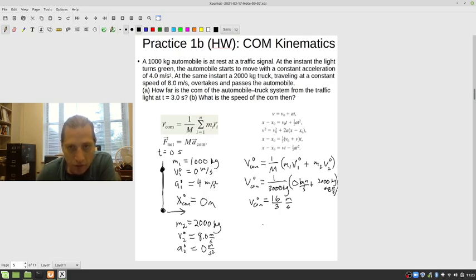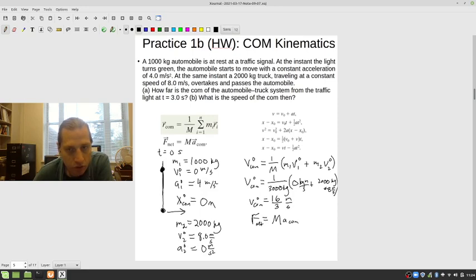Now what might also be a little confusing is that this also has an initial acceleration. How do I find that? Well, I would have to use my F equals m a center of mass. Well, let's think about it. This is the F net, so that's the total force on object 1 plus the total force on object 2.